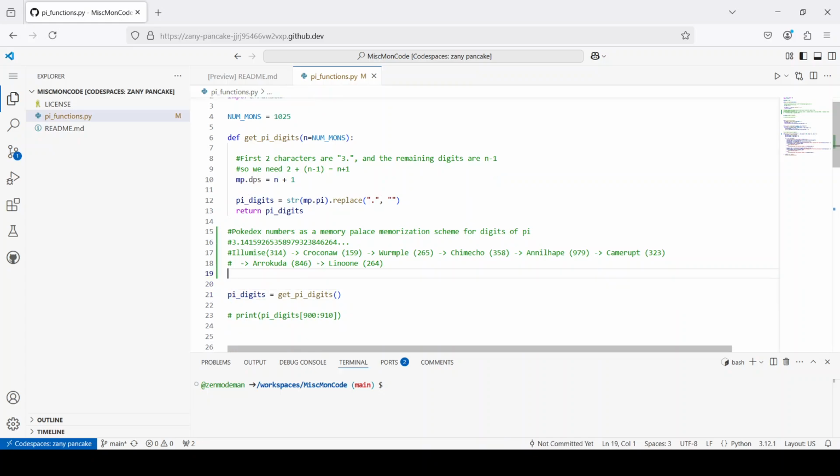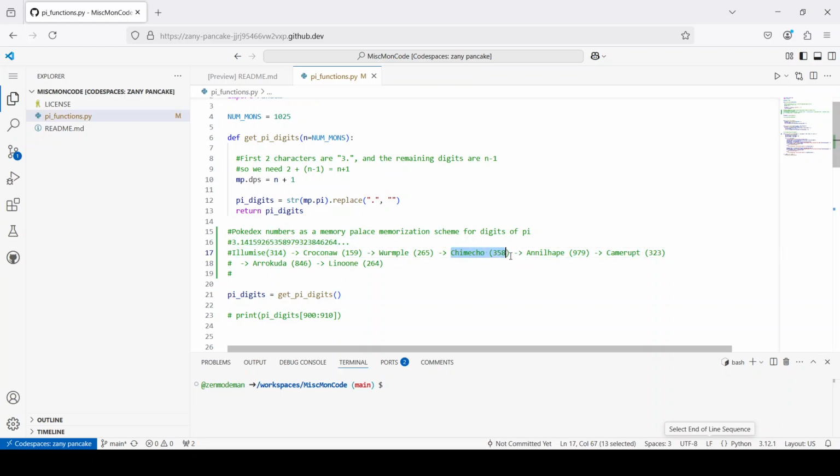I also have a secondary mechanism of indexing. Each one of these I would label as a memorization string. So Illumise is the first memorization string.